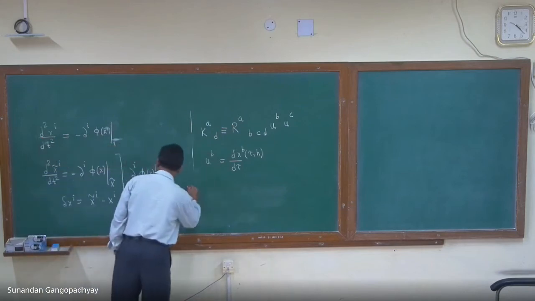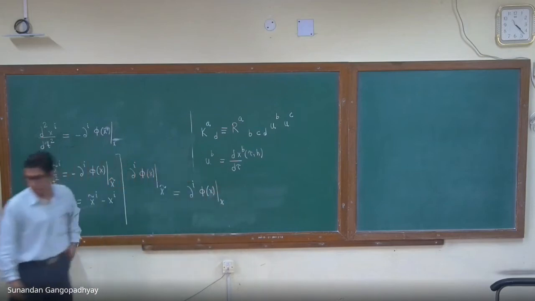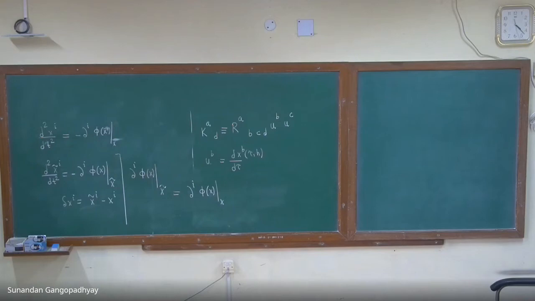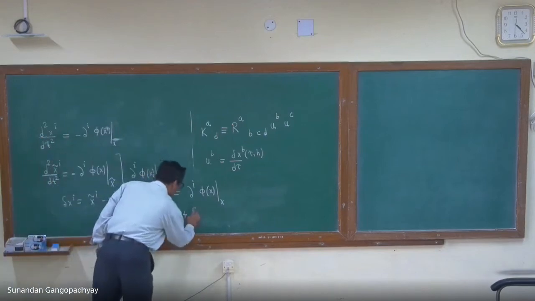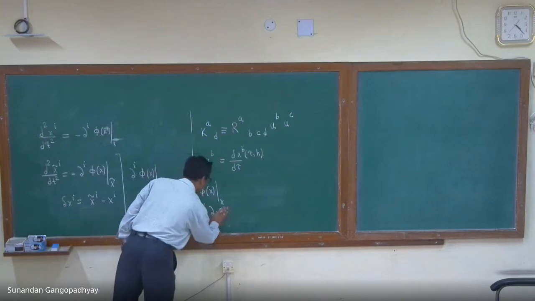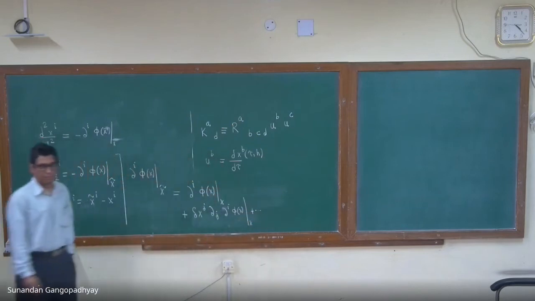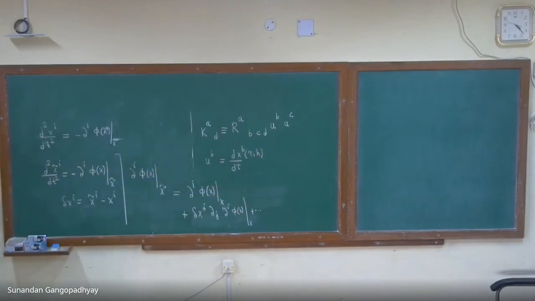So if you do that, the first term is the force at x, and the second term will be plus the derivative times delta xj, plus higher order. Make a Taylor series expansion.